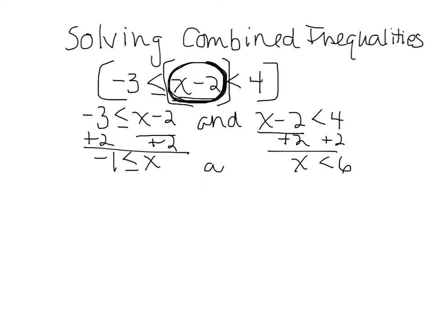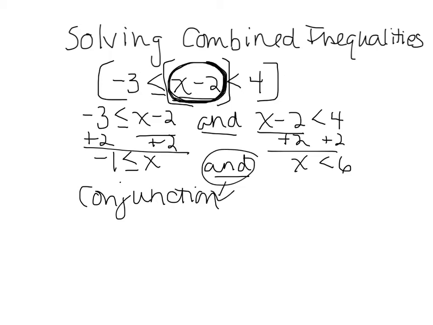I think that you know that the word "and" in English is a conjunction, and these types of combined inequalities, in which there are two things that both have to be true, go with conjunctions. So we have to separate and then solve and graph.